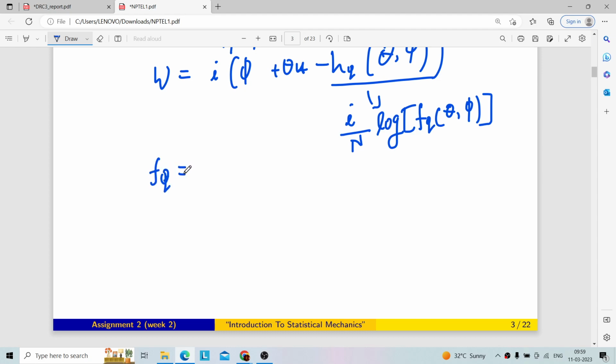This fq is product of j equal 1 to infinity, 1 plus q e to the power minus I theta epsilon j e to the power minus I phi, whole to the power q, right? So depending on this q value, this distribution can be fermion or boson. Q is plus 1 fermion, q is minus 1 boson.